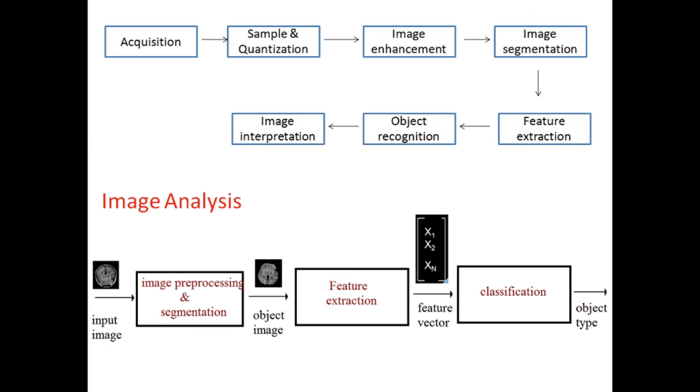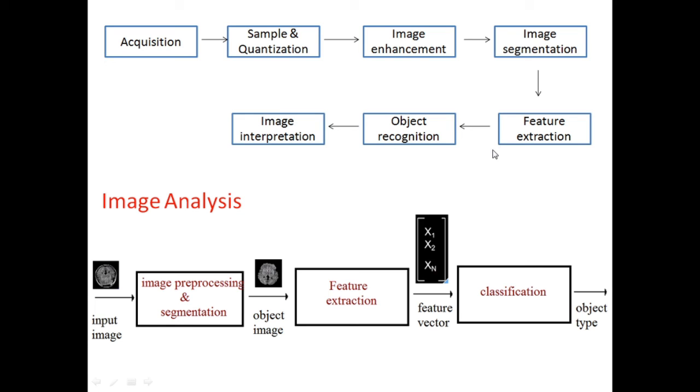So this is what I have demonstrated, and I have figured it out in this way. Acquisition, sampling and quantization, image enhancement and segmentation are all image processing activities. Feature extraction, object recognition and image interpretation are taken care of by computer vision.